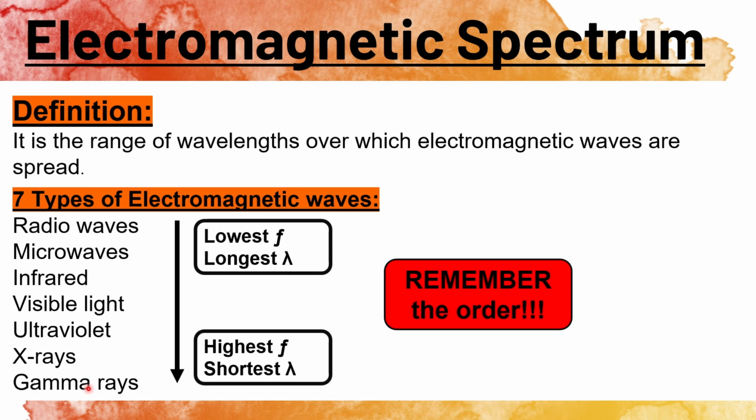So then you will start with gamma rays and end with radio waves. If you need to arrange according to, let's say, increasing frequencies, then you need to start low and end high. Therefore, you're going to start with radio waves and end with gamma rays. So always pay attention to what they are asking you.